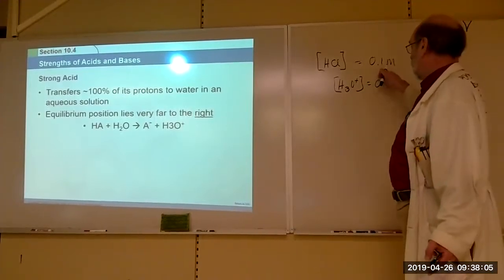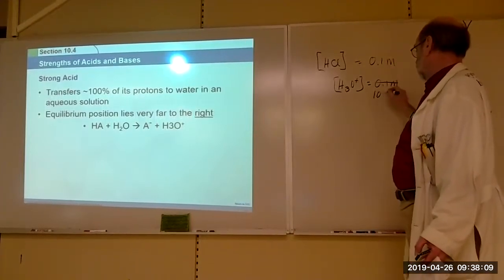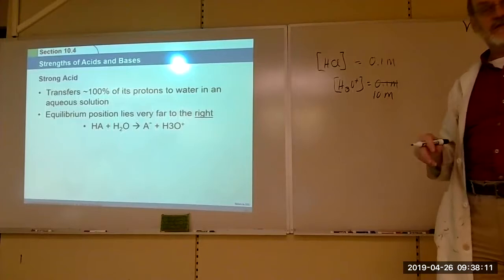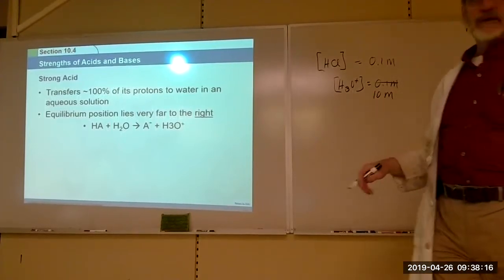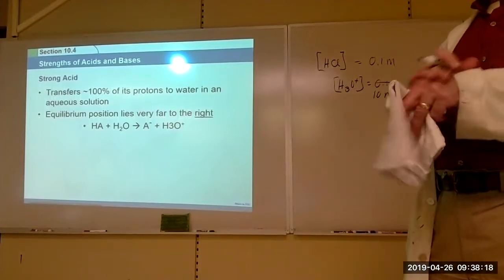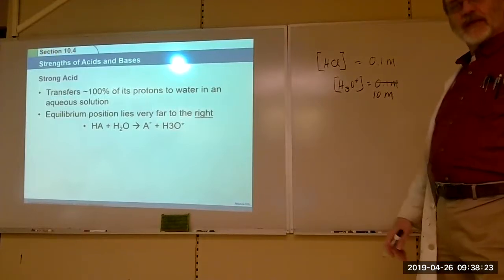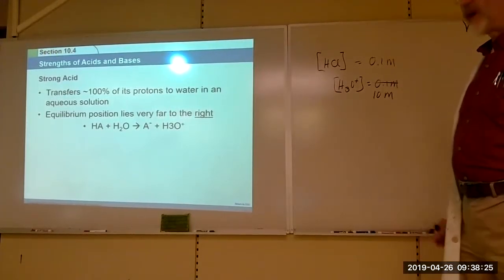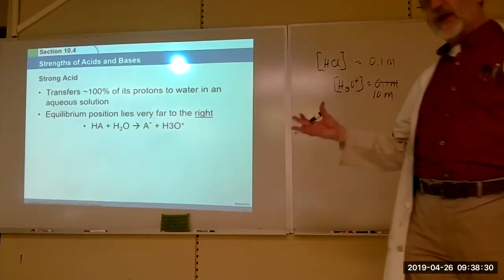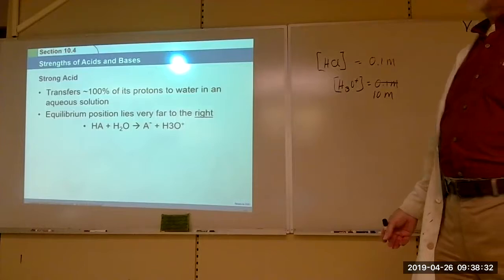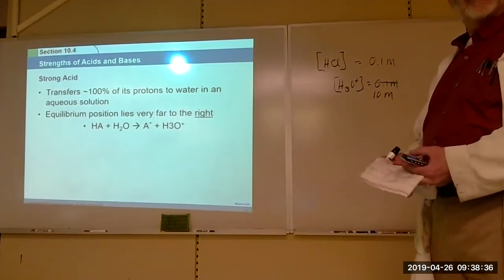If this is very high concentration, like say if we change that to 10 molar, that would be dangerous. But 0.1 molar would not. You'd be able to find out where all the cuts were on your hand. It would stimulate those nerves, but it wouldn't eat through your skin. Whereas this one would eat through your skin. But it's still a strong acid either way, simply because it's 100% dissociation. See the difference?